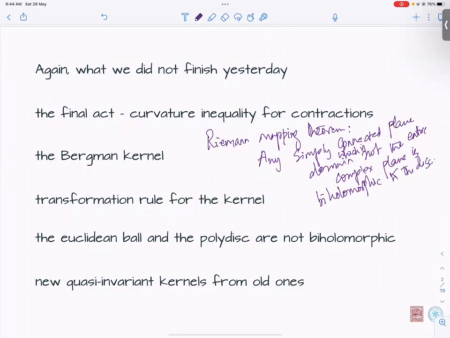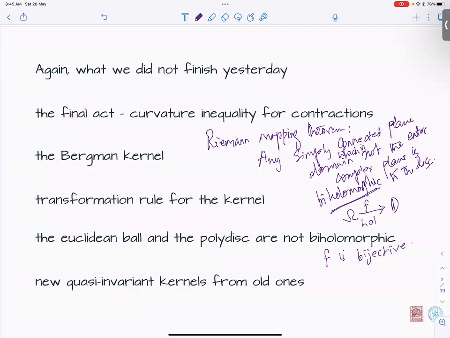Now, this biholomorphic simply means that omega is a plane domain, simply connected. The Riemann mapping theorem says that there is a holomorphic map F from omega to D such that F is bijective.